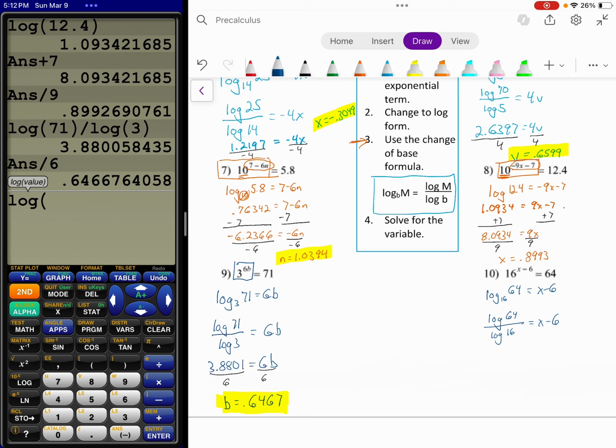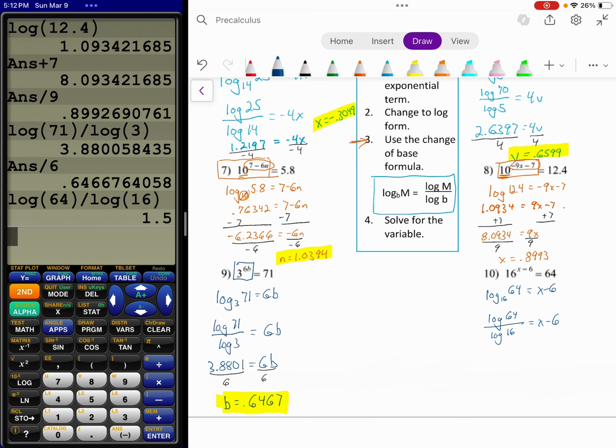So we got log of 64, close parentheses, divided by log of 16, close parentheses, and that gives us 1.5 equals x minus 6. We can go ahead and add 6 to both sides. And we get x equals 7.5.